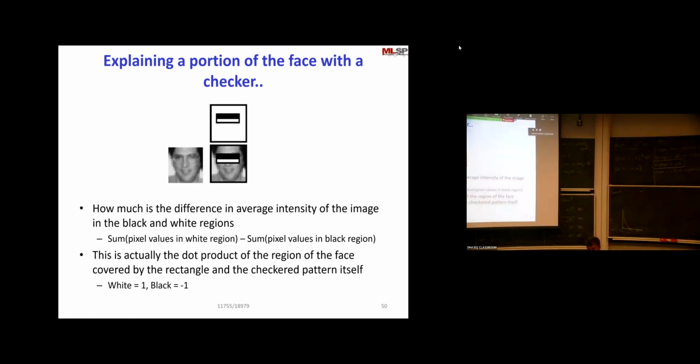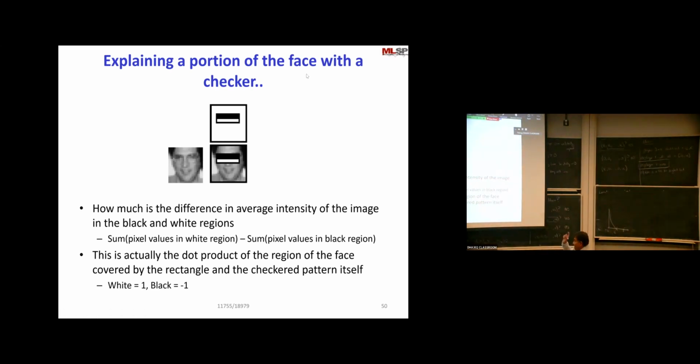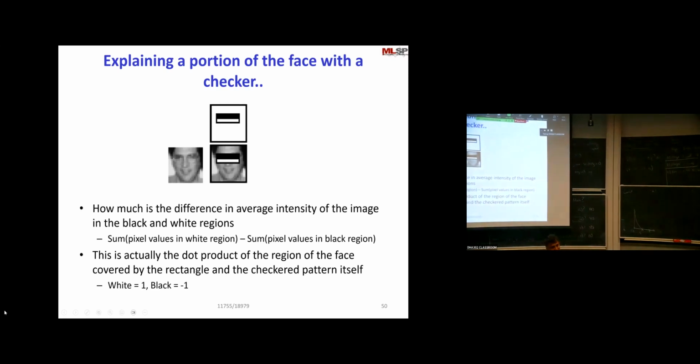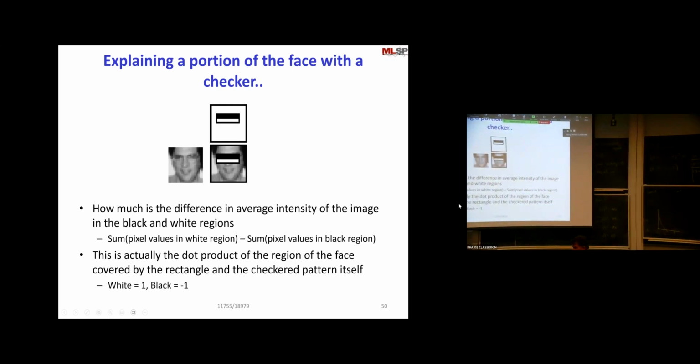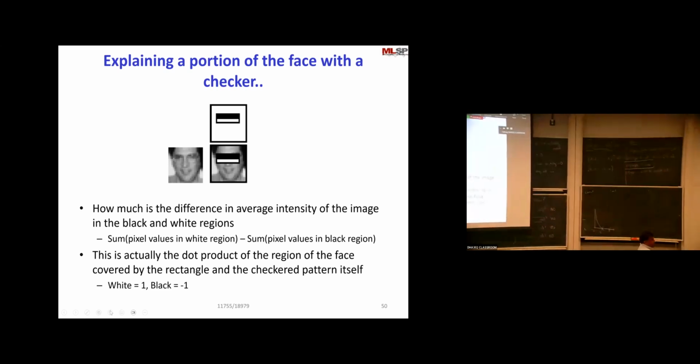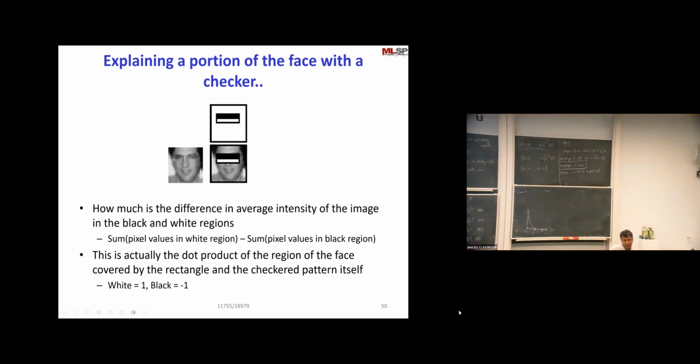Squeeze them. So my claim is that with some preliminary processing, this can be done with only 6 operations, 6 additions, right? So this was Viola and Jones' brilliant insight. Okay, now I've given you the hint, and I'm telling you that there's some pre-processing going on.